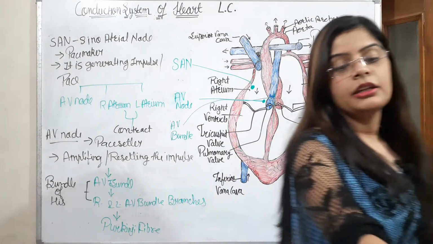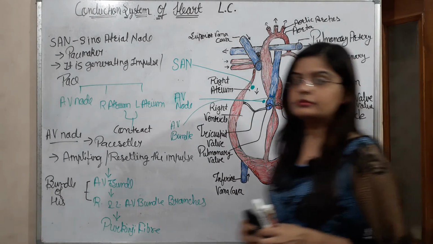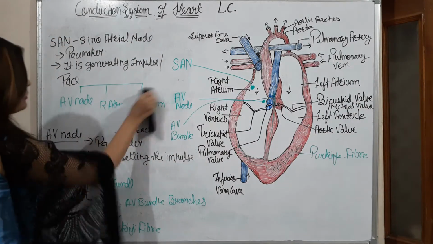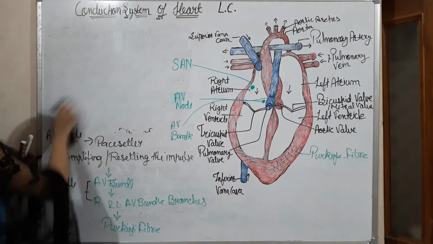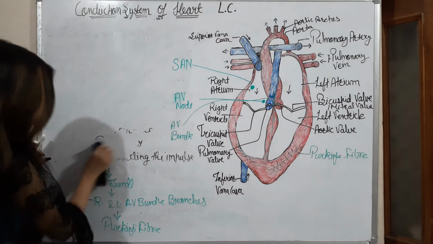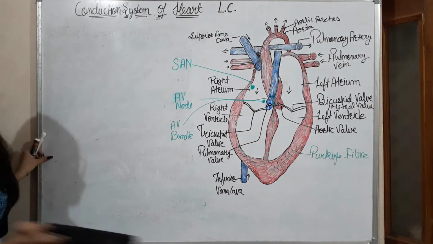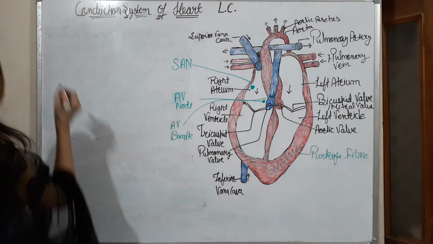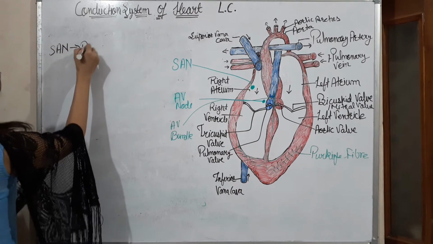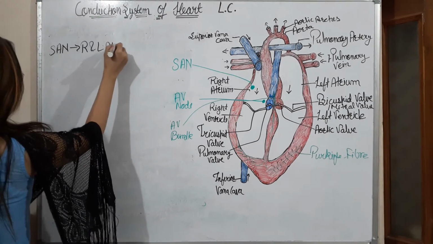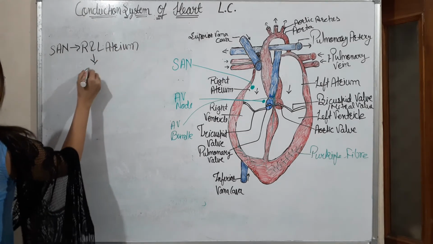I'll give you an overview also. You can take a screenshot of it. Now, a summary of this. It is very easy. First of all, the SA node generates the impulse, and then this impulse goes to the right and left atria, which contract, and this impulse also goes to the AV node.